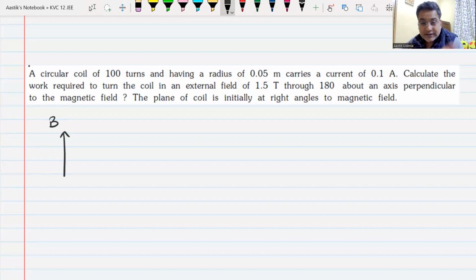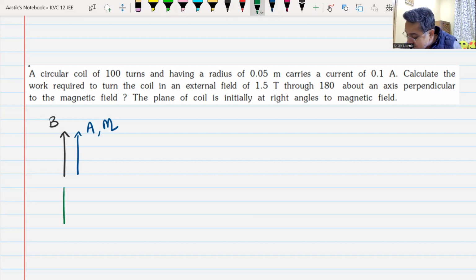That means the area vector of the coil will be along the same direction. Area vector means the magnetic dipole moment will be in the same direction. I have to turn from this direction and take it to this direction where it has 180 degrees. Do we understand this?